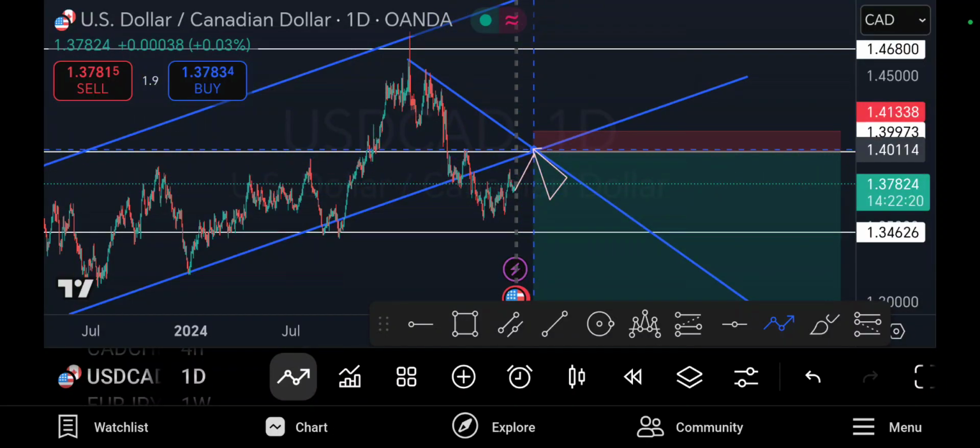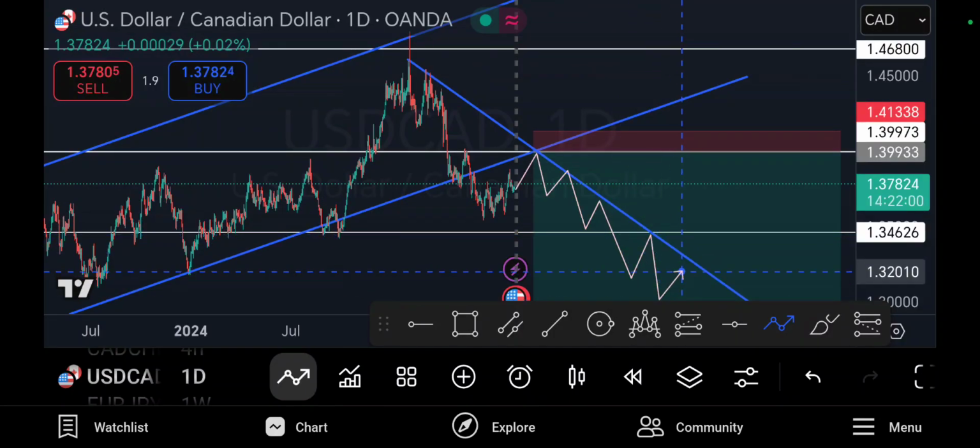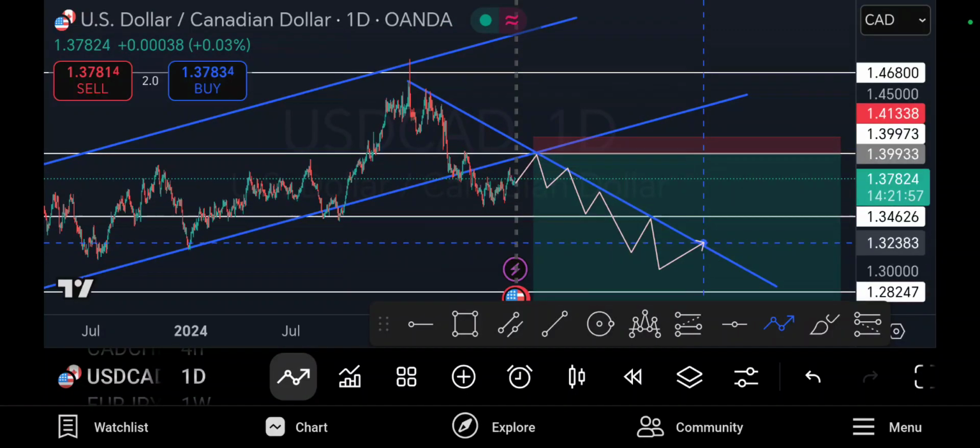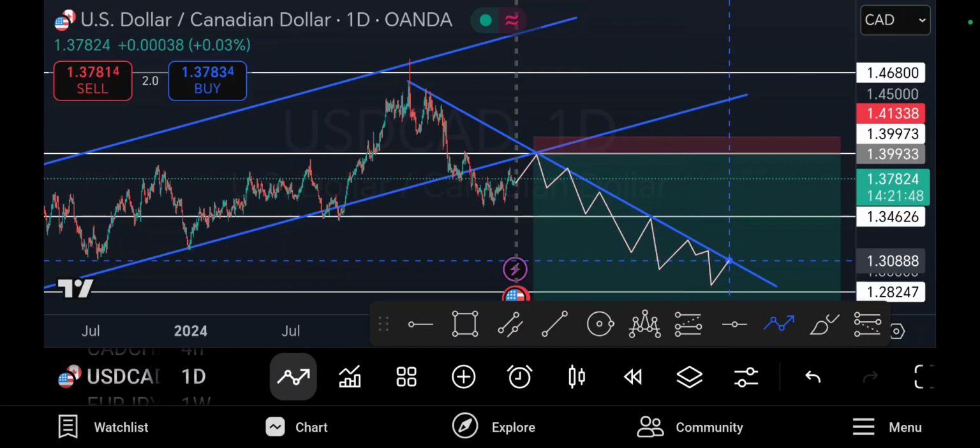This is your initial, the first one. It moves, comes here, touches, you add more sells, like so. Touches there, add more sells, touches there, add more sells, touches again, you add.